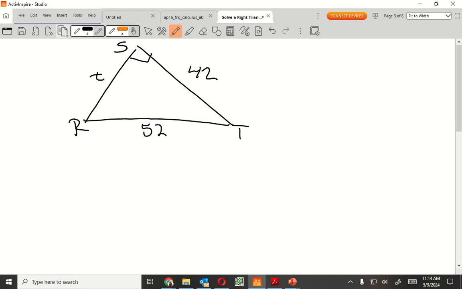All right, so now this one right here, it's not using ABC, it's using STR. So this one right here is still my hypotenuse, which is always going to be C in my Pythagorean theorem. So I'm going to say T squared plus 42 squared equals 52 squared. 42 squared, I don't know that one off the top of my head either.